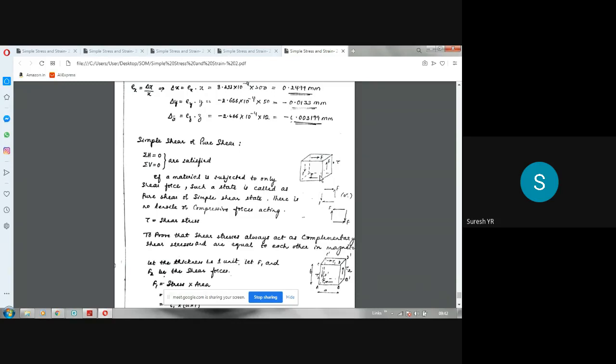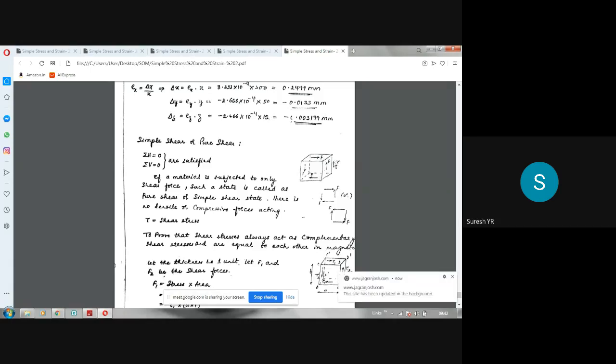What I want to say is, whenever a shear force acts on one of the areas like this, definitely there will be a shear force acting on the opposite face of the same magnitude but in the opposite direction, so that the entire block is in equilibrium. That is the meaning.